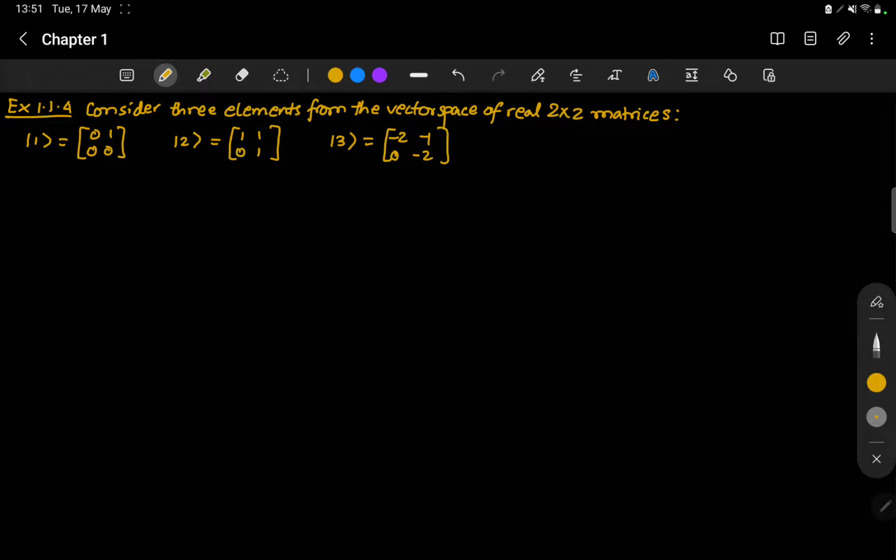So the question based on these three elements from the vector space of real 2 cross 2 matrices is, are they linearly independent? Support your answer with details.